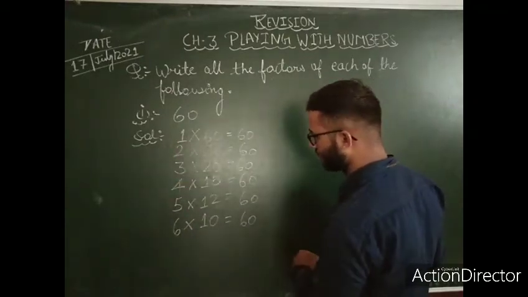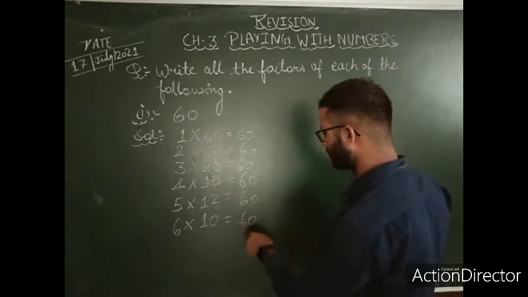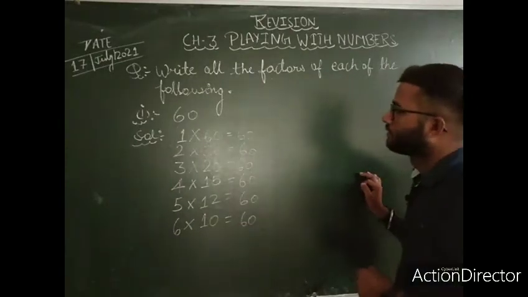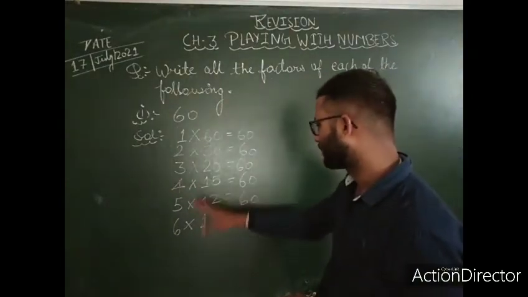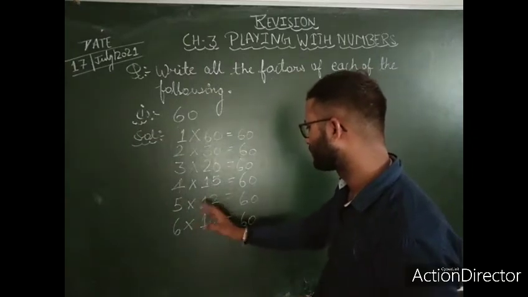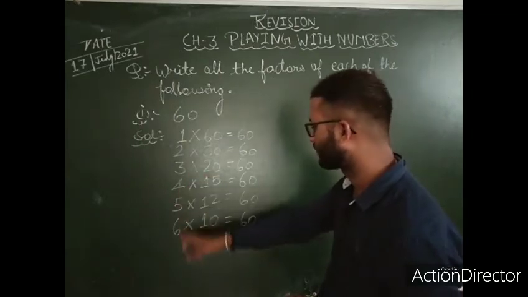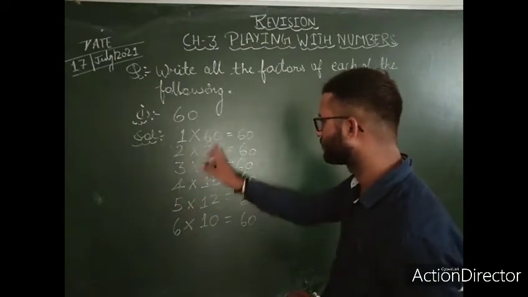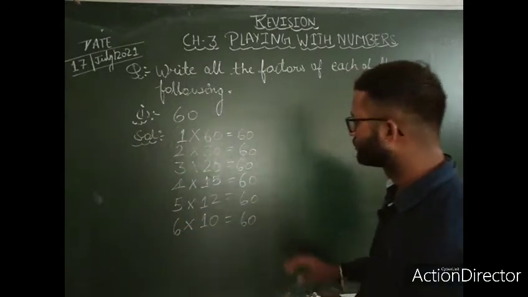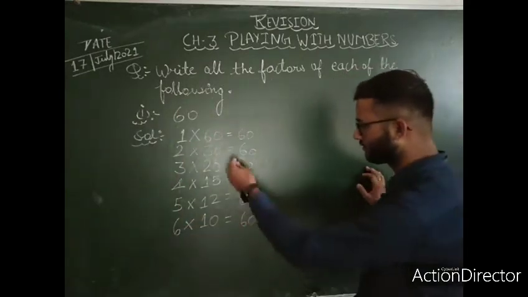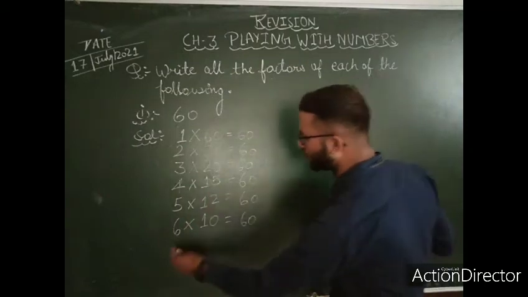Now there is no other factor of 60, because if we write again, we repeat these factors again and again: 12 multiplied by 5, 15 multiplied by 4, 20 multiplied by 3, 30 multiplied by 2 and 60 multiplied by 1. So we do not repeat these factors again and again.